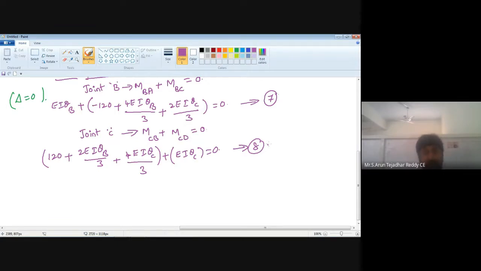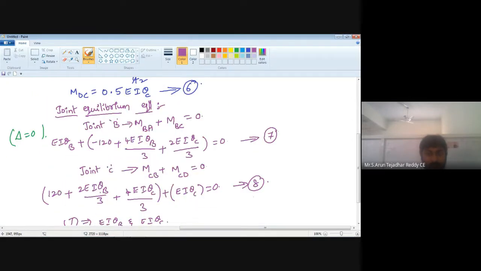Now, see in equation number 7, we have EI theta B and EI theta C. Next, take the 8th equation. In that we have EI theta B and EI theta C. So here it is very easy to find the EI theta B value and EI theta C value.